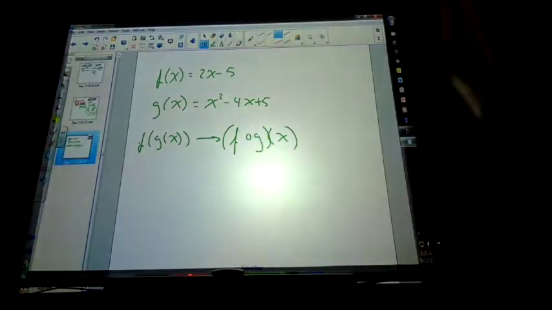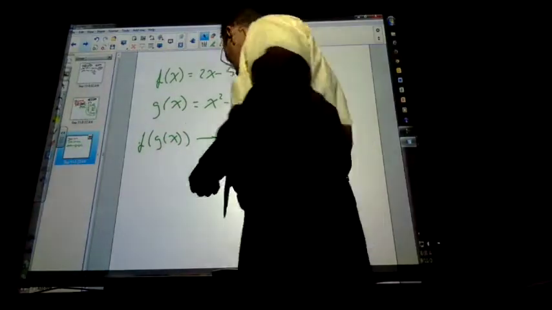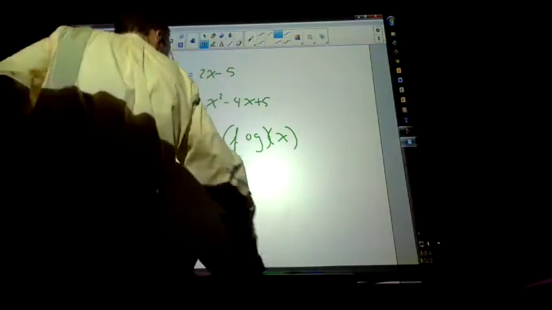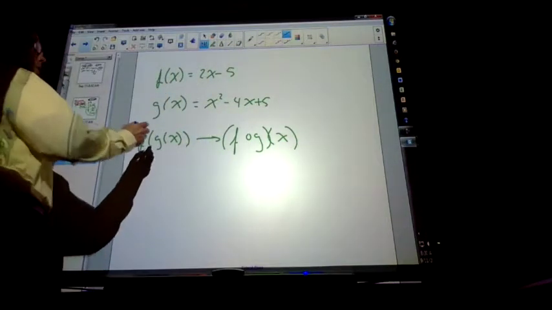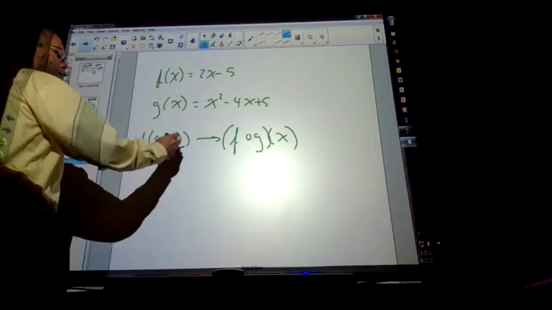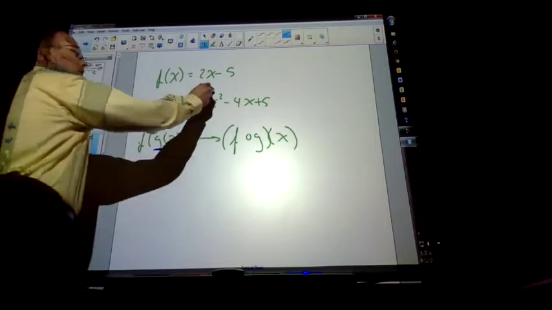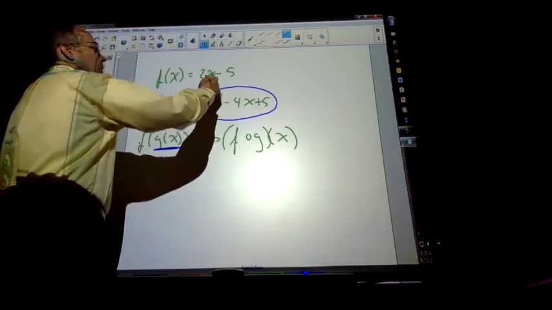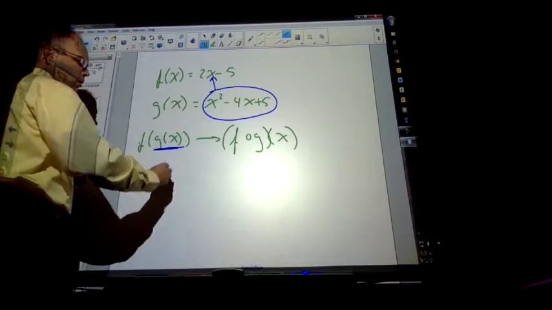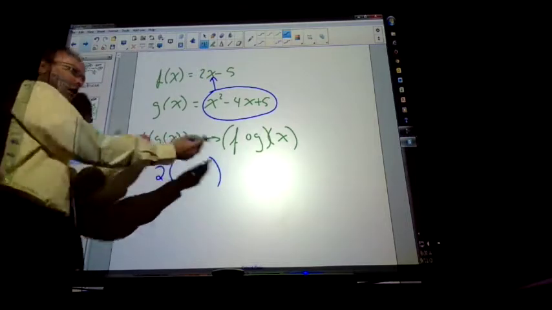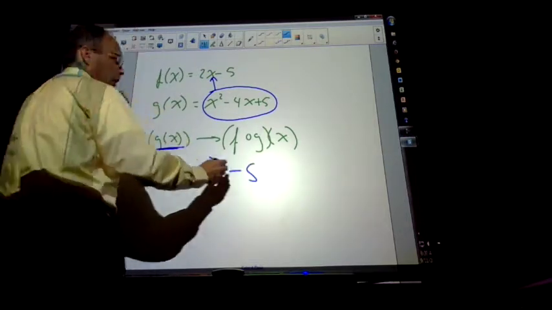So I want to take one function and plug it into the other. I'm going to take this, g at x, which is right here, and I want to substitute it in right there. So this means I'm going to take 2 parentheses. There was an x there. I'm going to take a whole other function and plug it in.